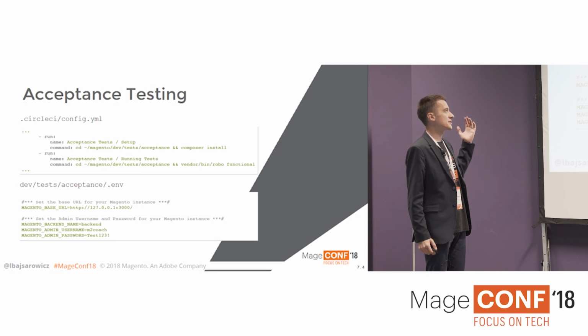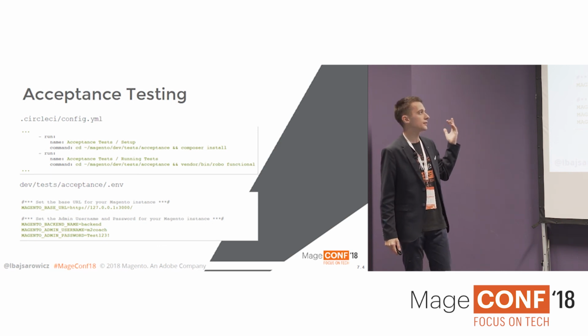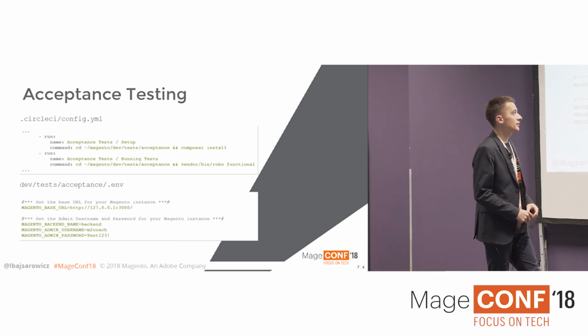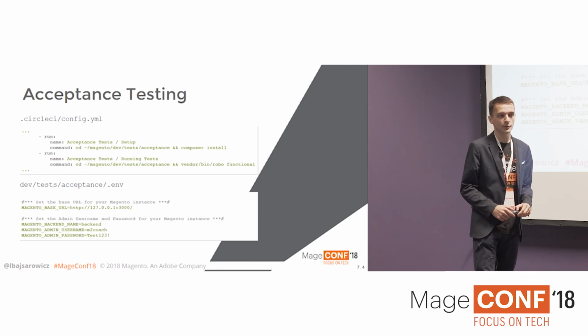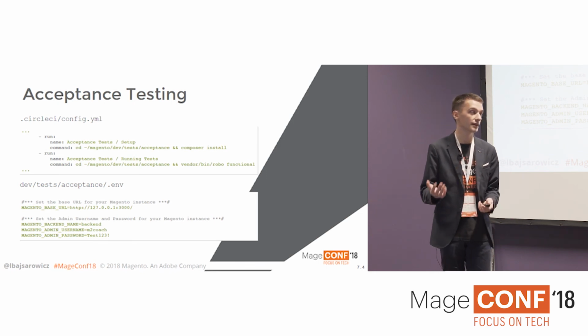To run this acceptance testing, you enter the directory, install the dependencies, and then by the command robo functional, you generate the tests from XML to PHP to be run later.